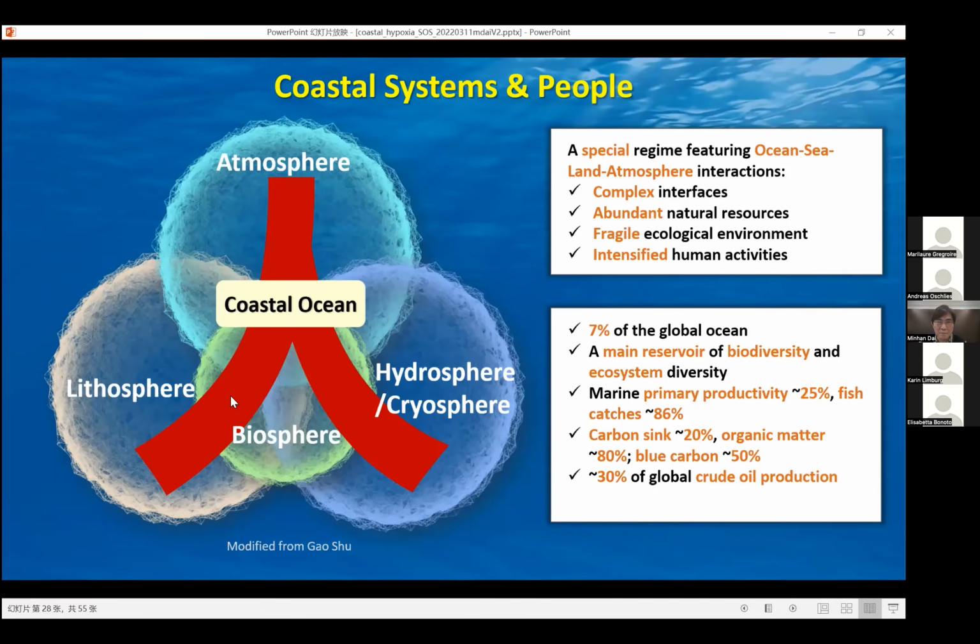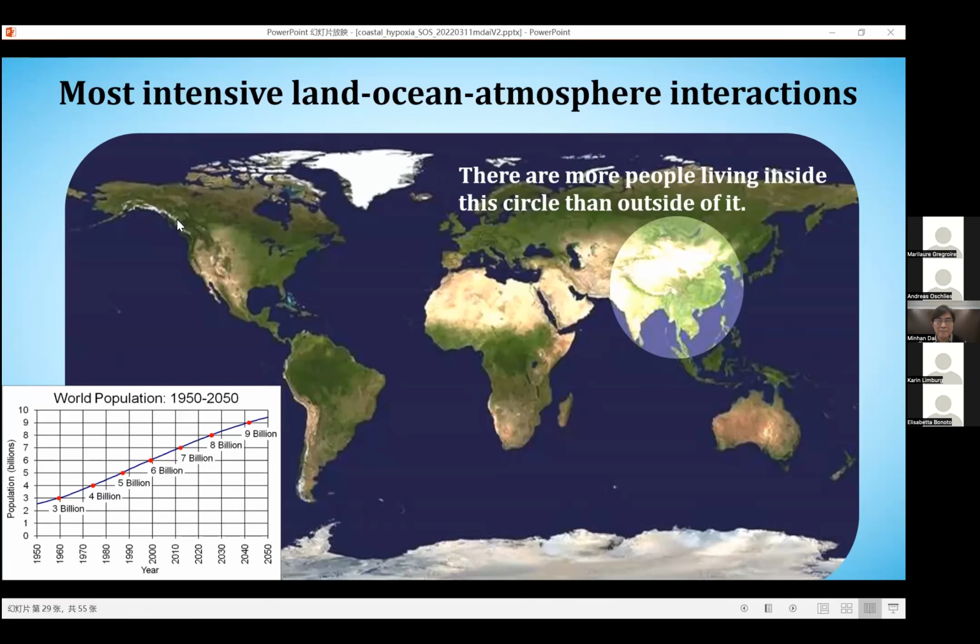I put the Chinese character for people to emphasize the dramatic and increasing Anthropocene characteristic. This project is focused on East Asia. I try to provoke this: within this circle, there are more people living inside than outside of it. So it's really a dramatic concentration of people and human activity in this region.